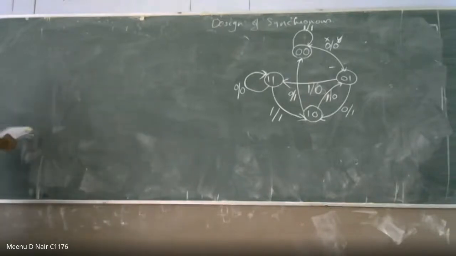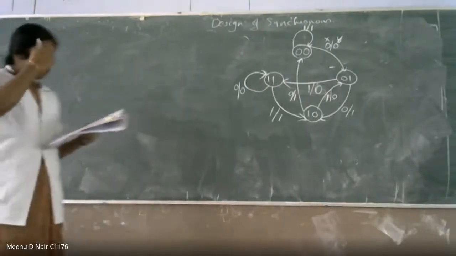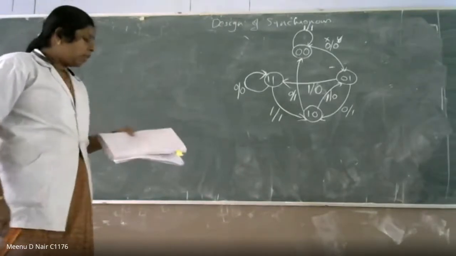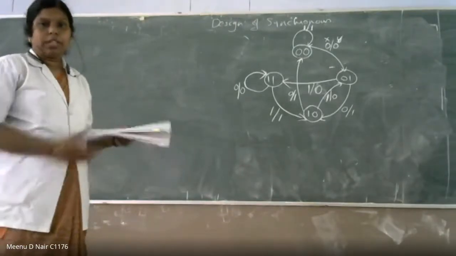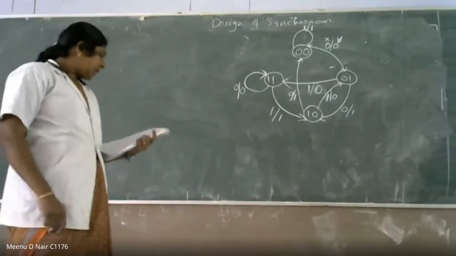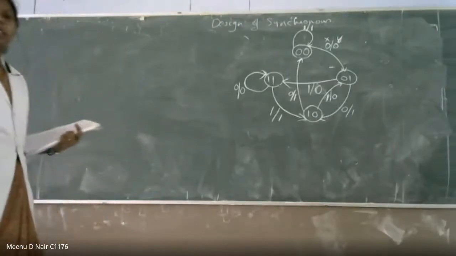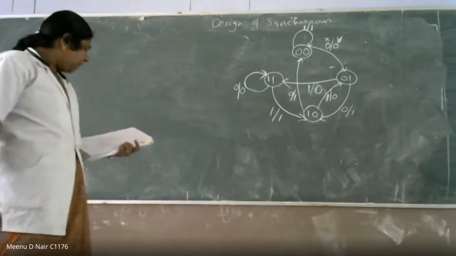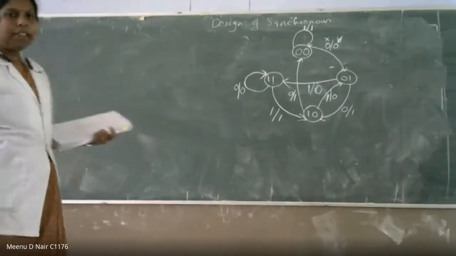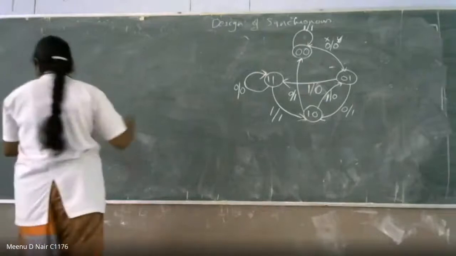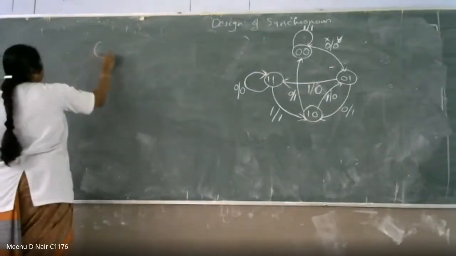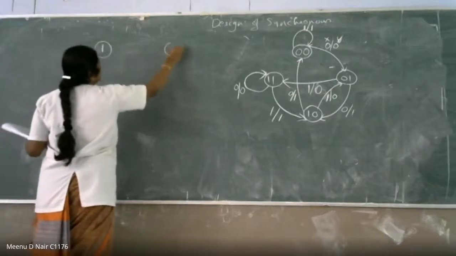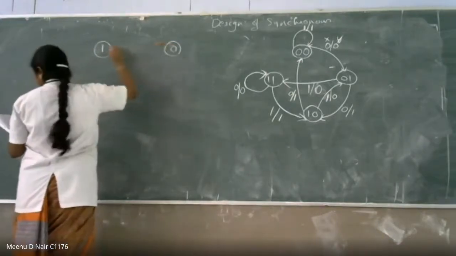So your first question is: design the synchronous sequential circuit using D flip-flop for the state diagram given below. That is your question. So this is the diagram. This is 1. This is 0.